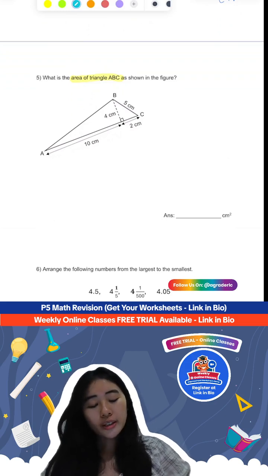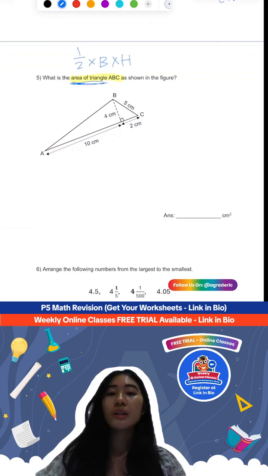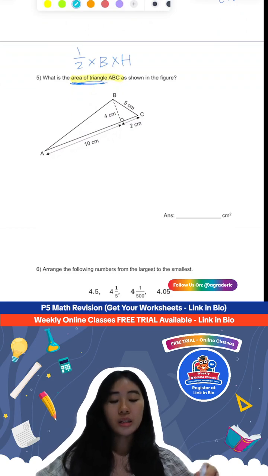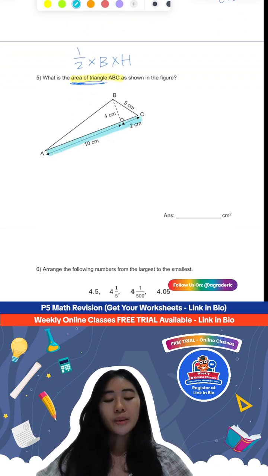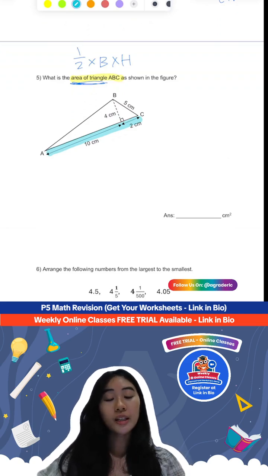So let's check this. For area of triangle, you need to use this formula, half times base times height. Looking at this triangle, you need to find the base and the height first. The base is made up of 10 cm plus another 2 cm.